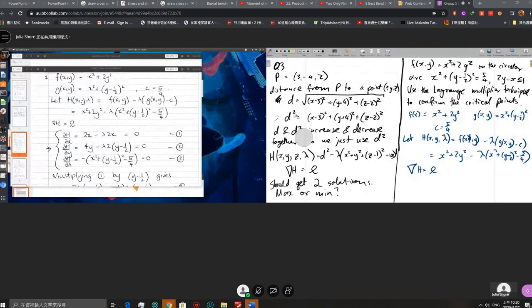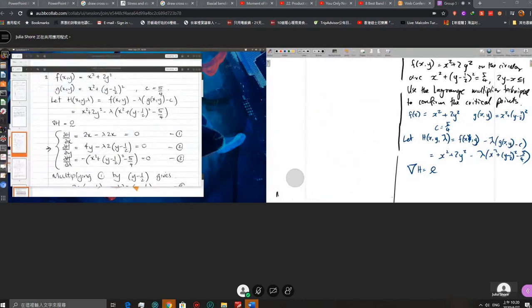So this implies we want the partial of h with respect to x, the partial with respect to y, and the partial with respect to lambda. With respect to lambda, you just take this and put a minus sign in front of it, so that one's easy: minus x squared plus y minus a half squared minus 5 on 4, equal to 0.